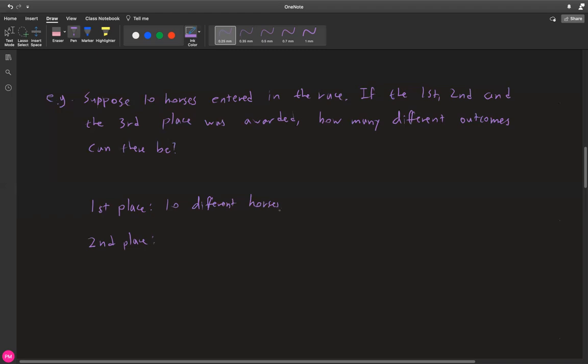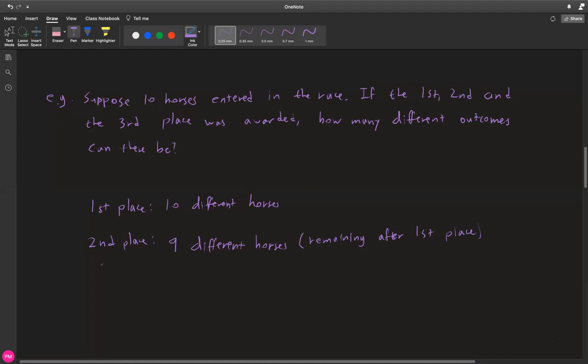So for the second place, now we have 9 different horses because one is chosen to be the first one, and this is because these are the remainings after the first place. And I hope that makes sense.